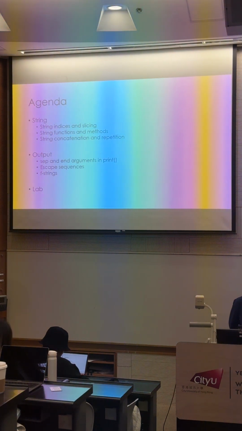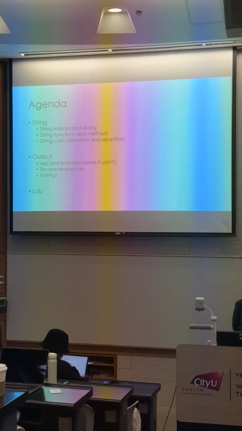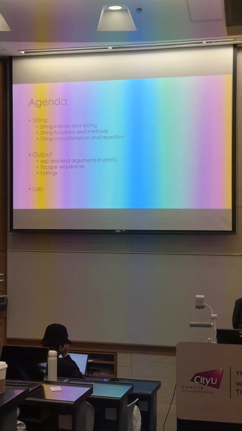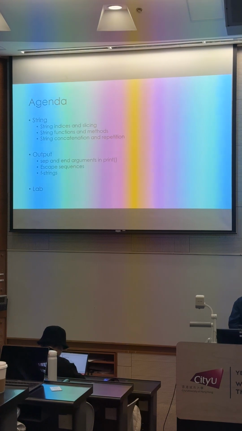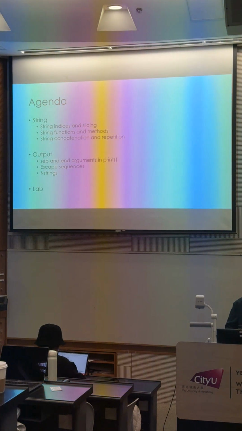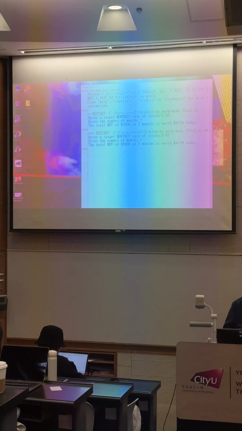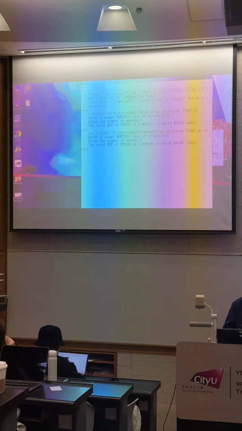For the output, we will introduce the separator and end arguments, escape sequences, as well as f-strings, which is a very powerful tool in the print function. After that, we will do our lab 3 together. So this is our agenda. Let's begin today's coding.